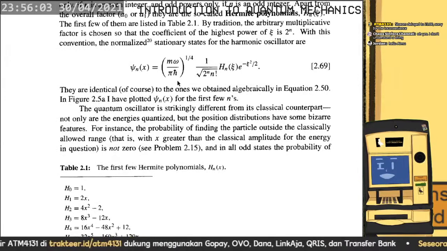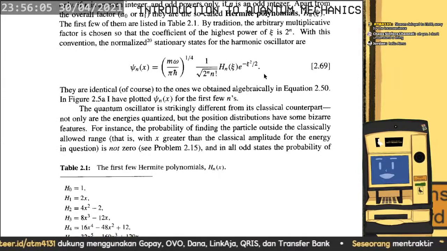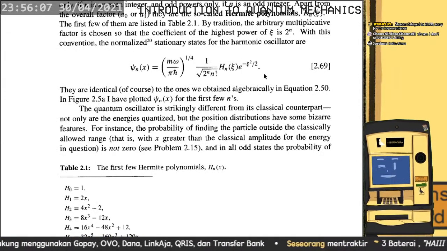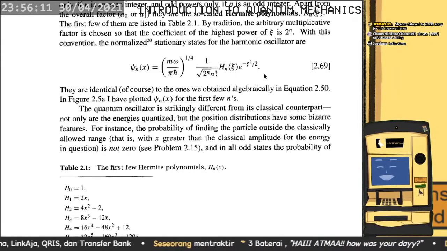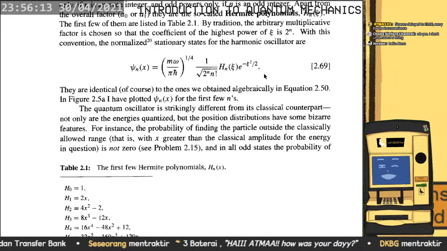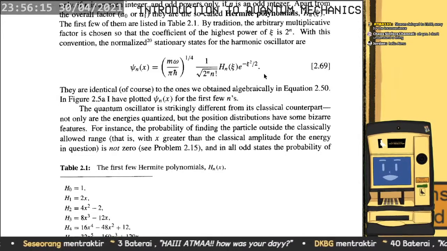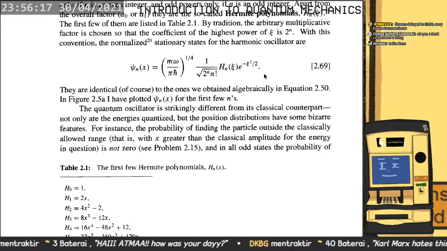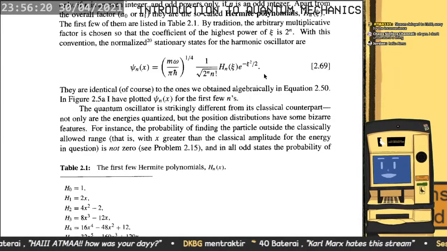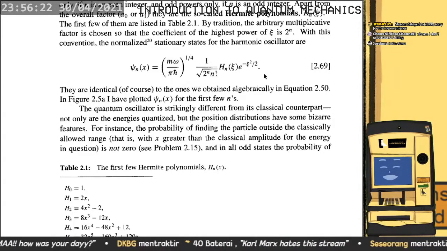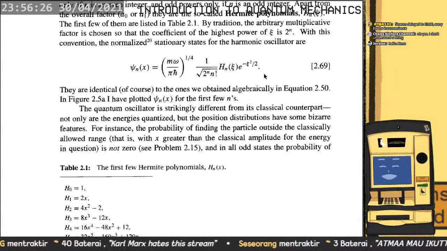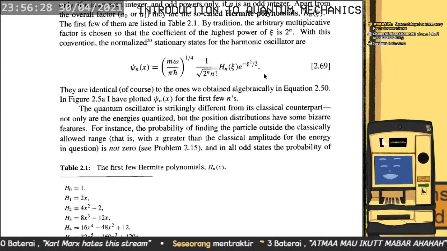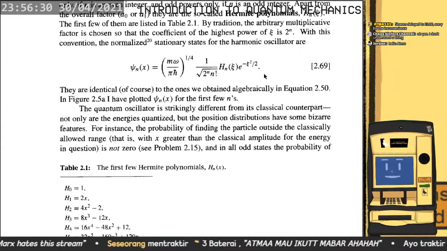Oh, this looks like we are closer to the wave function. They are identical, of course, to the ones we obtained algebraically in equation 2.50. In figure 2.5a, I have plotted psi n of x for the first few n's.